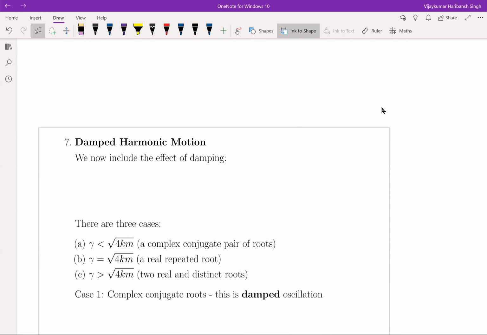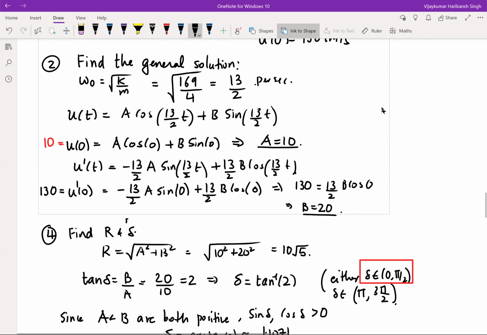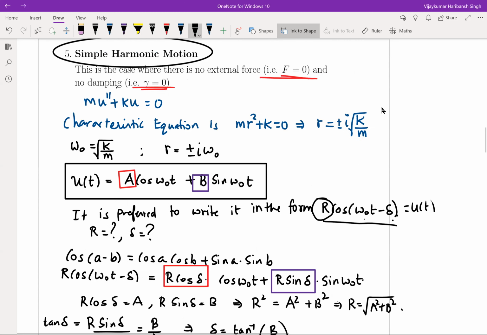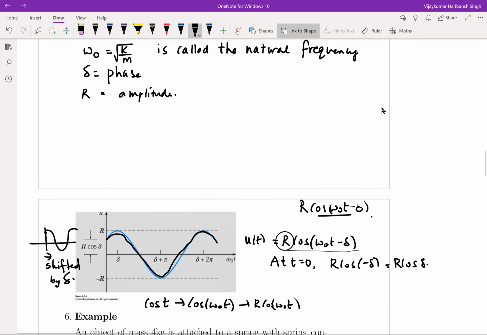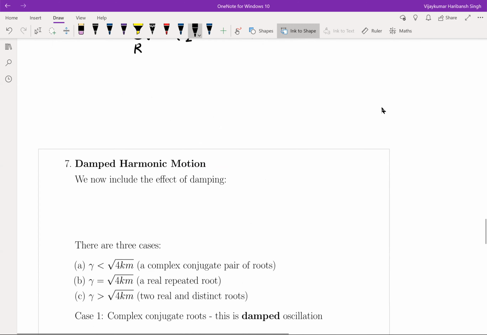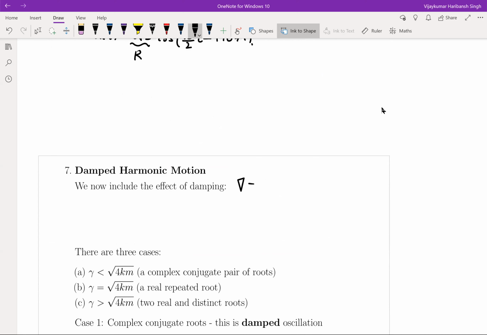So we have the concept of damped harmonic motion. We'll now try to include the effect of damping. So that means, again, go back to this equation. What is the differential equation we have? In this case, we'll assume that there's damping, that means gamma is non-zero, but f of t, the forcing function, is still 0.